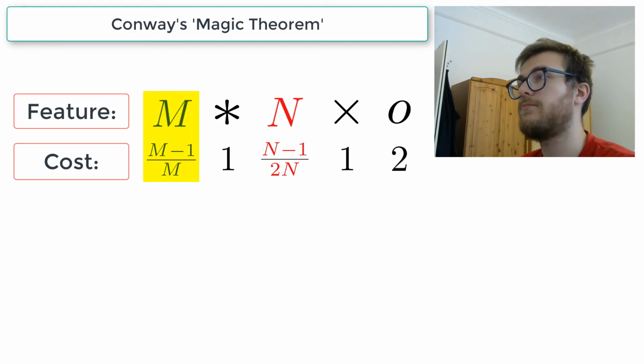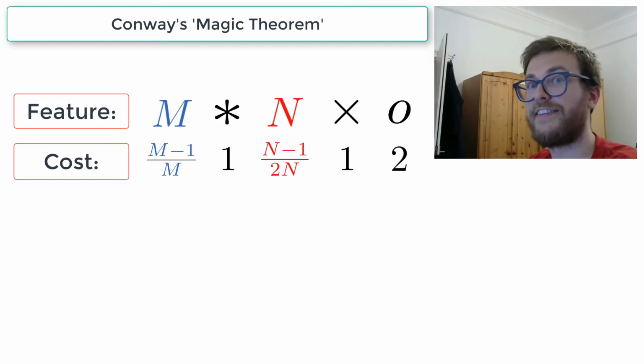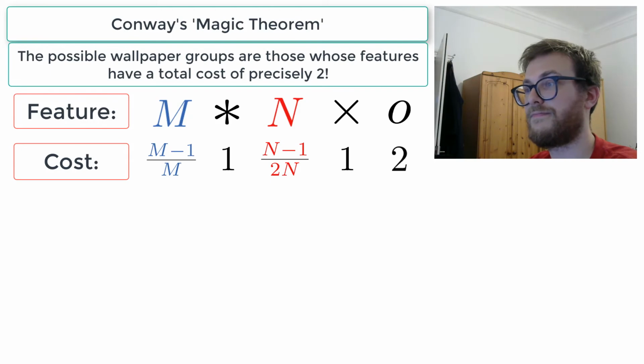For example, a rotation of order 2 will cost 1/2. Then, the possible symmetry groups are precisely the ones with features whose cost adds up to precisely 2. That's it.